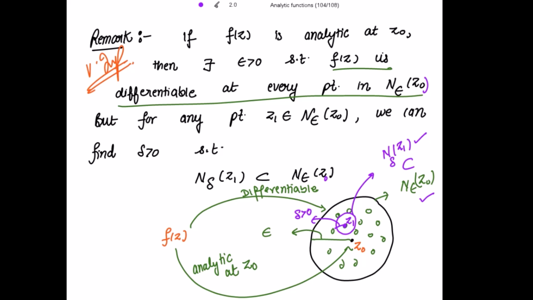So what would we conclude from this? If f(z) is differentiable at all the points of this bigger neighborhood, can we say that the same f(z) is differentiable at all the points of the smaller neighborhood? Yes, because it is a subset of the bigger one, right?